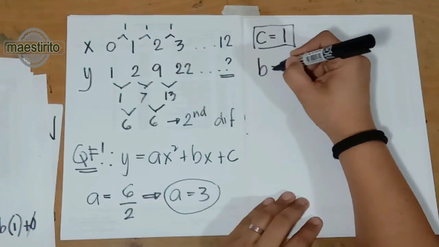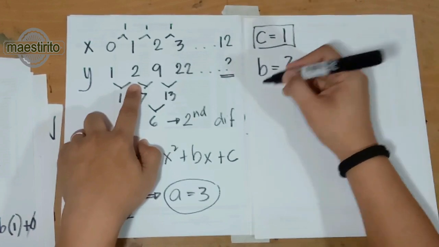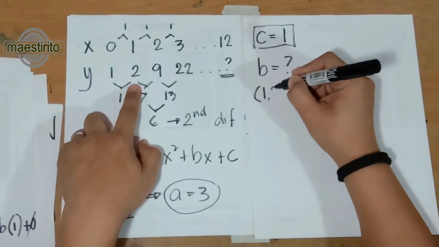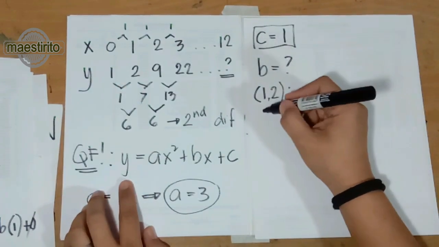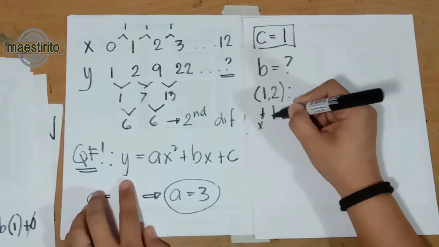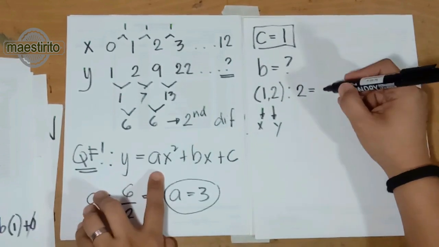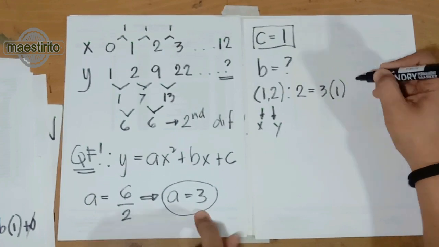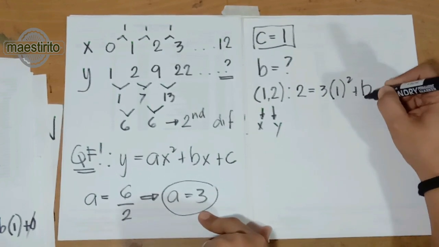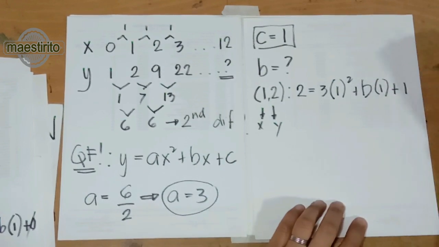And then for the b, we have to solve. So b, question mark. Now I'll be using 1, 2. So y, this is my x, and this is my y. So that will give us 2 equals a, which is 3, x, which is 1 squared, plus b, that's what we're looking for, times x, which is 1, plus c, which is 1.